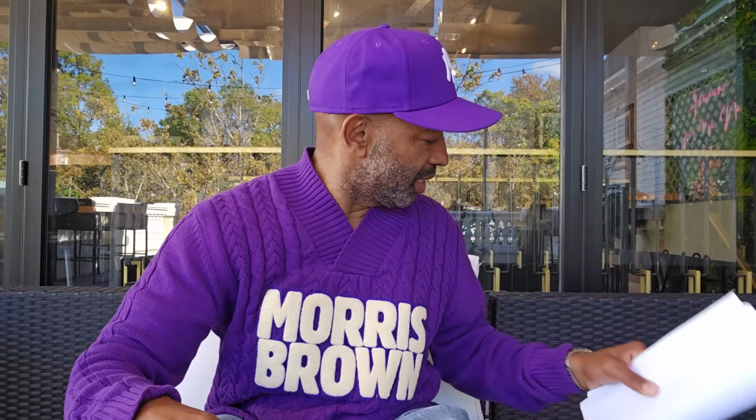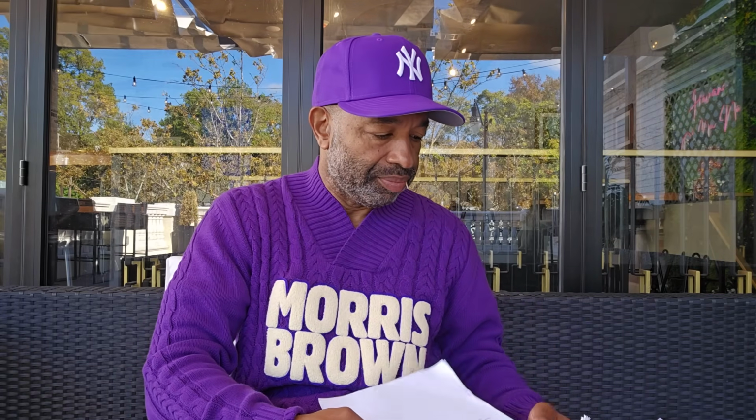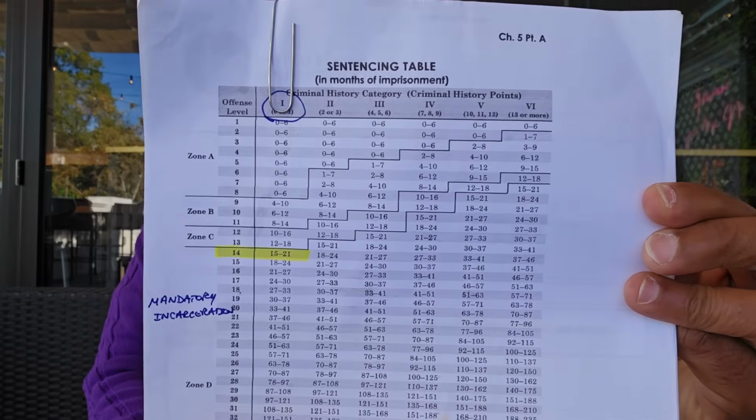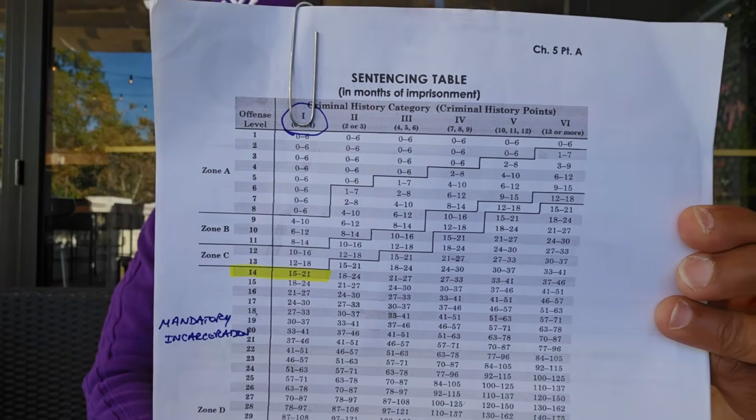Because in the sentencing guidelines, when you're getting sentenced in federal court for a criminal case, your sentence goes by the sentencing guideline range, the sentencing guideline table, which is this thing here. This is the sentencing guideline table.